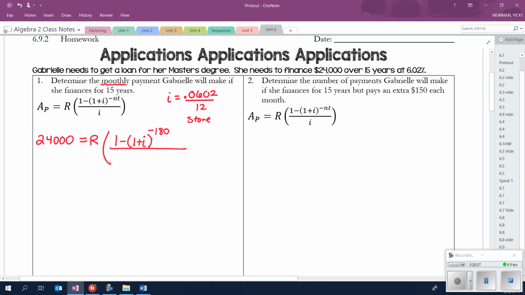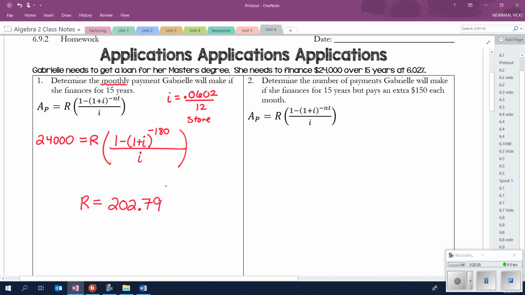Negative 180 over I, then close the parentheses. So what do you get as R? 202.79? Okay.